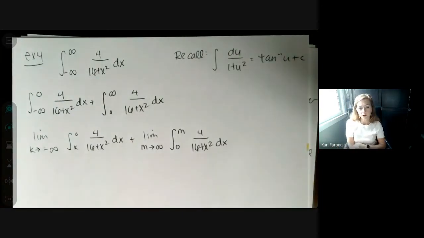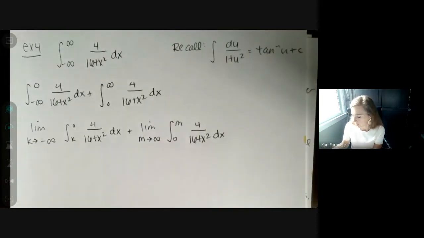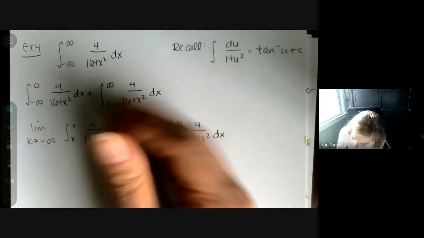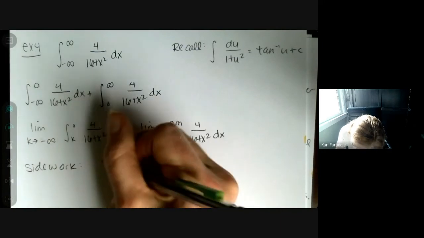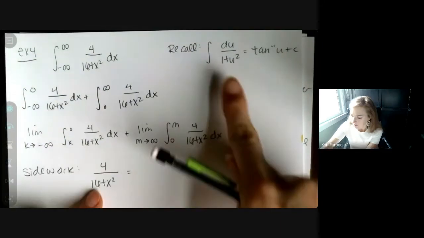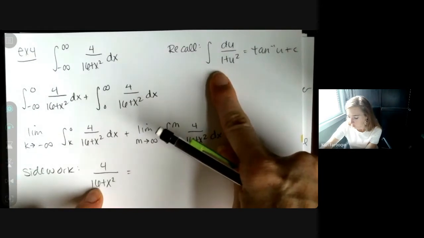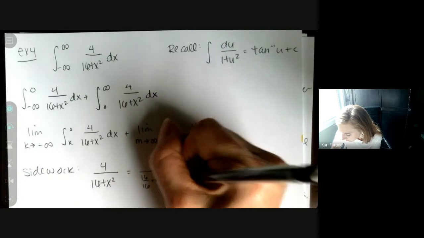Now, you're going to have to evaluate this. So you might want to get it rewritten into the perfect form, and that's what I'm going to do next. So side note, or I'm going to say side work. I want to turn this 16 into a 1 so I can match this up with my formula. So I'm going to divide by 16.